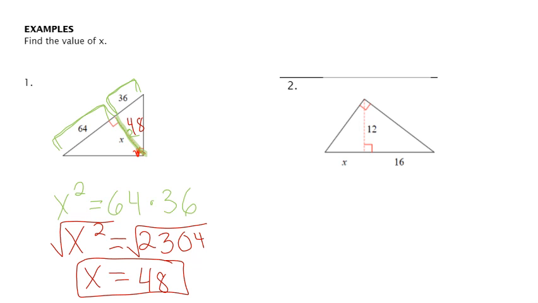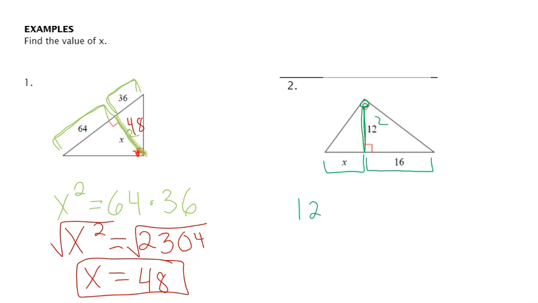I can do the same thing with the second example. So I'm going to locate the right angle for the larger triangle, which in this case happens to be at the top. The 12 comes from that right angle. So when we go ahead now and write that, it's going to be the same as multiplying the two smaller segments that make the hypotenuse.